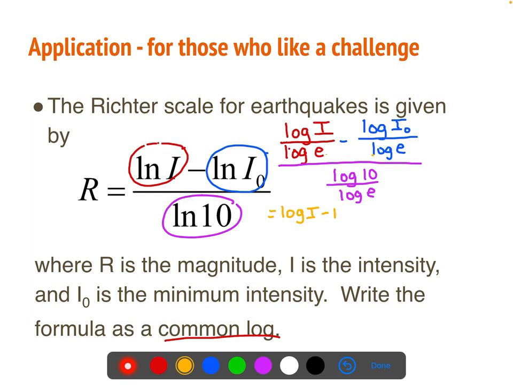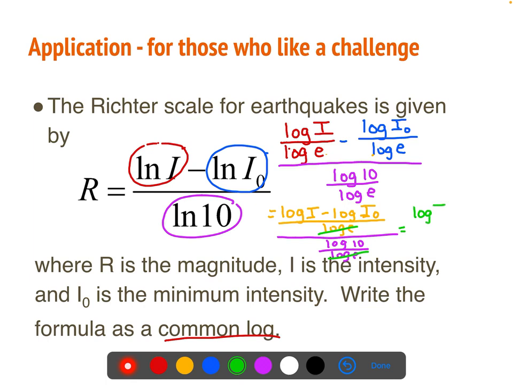So equals log of I minus log of I naught over log of E. And then my bottom is going to stay the same, log of 10 over log of E. Now, I'm hoping you all notice that these log of E's are the same denominator, so they cancel.